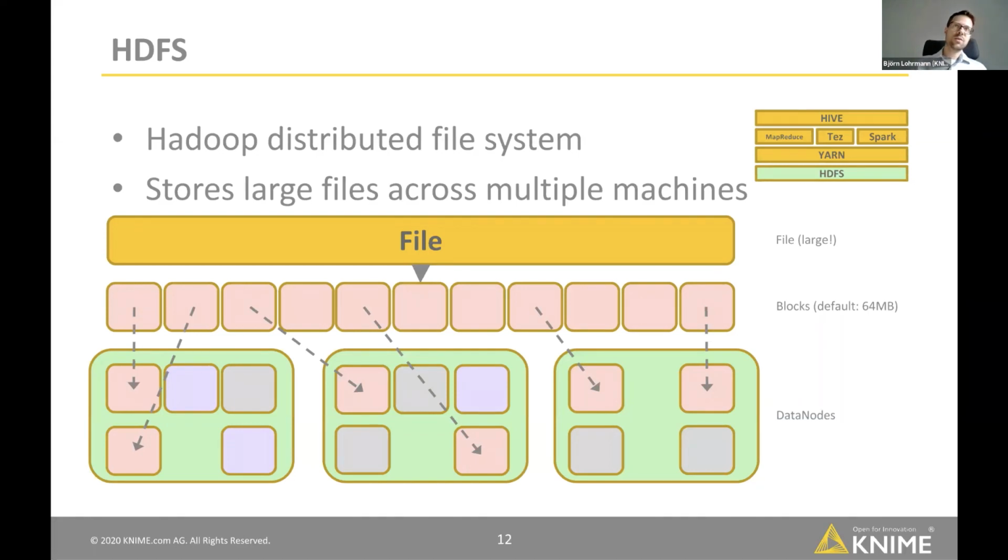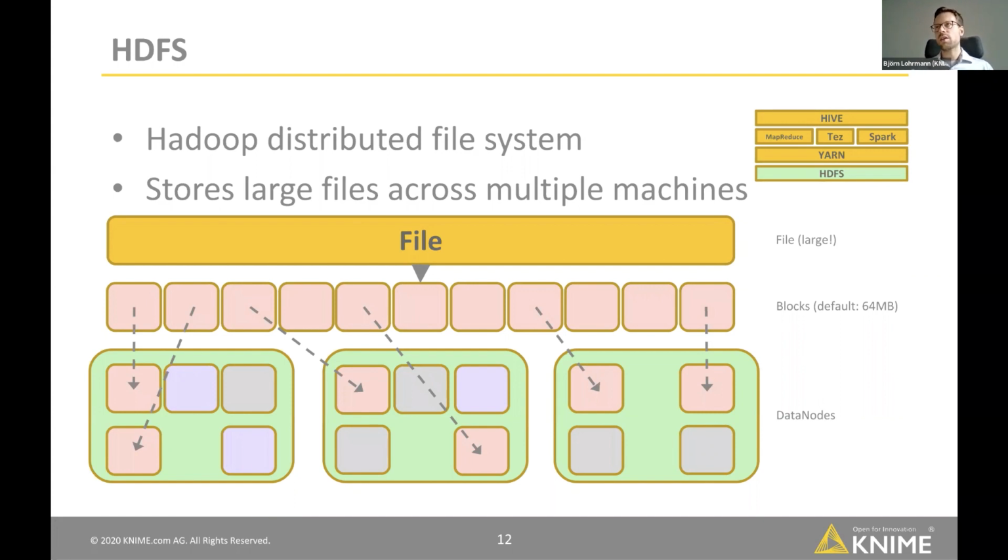HDFS stands for Hadoop Distributed File System. The idea of HDFS is that it's supposed to store really large files across a large number of machines. To do that, it typically splits large files into smaller chunks called blocks.